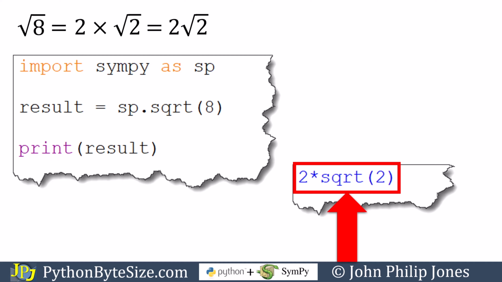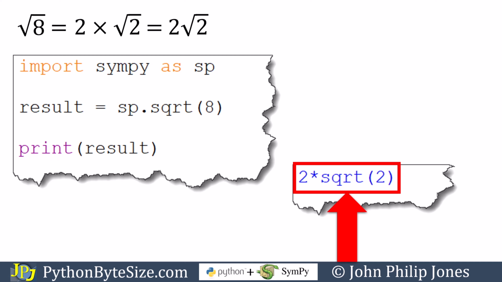Sympy has not attempted to give you a numeric value. It's left it in its symbolic form, and it looks like the surd you would see in mathematics. It hasn't bothered working out what the actual square root is numerically, because we should know you can't write it out accurately.